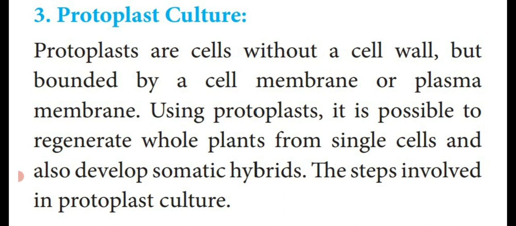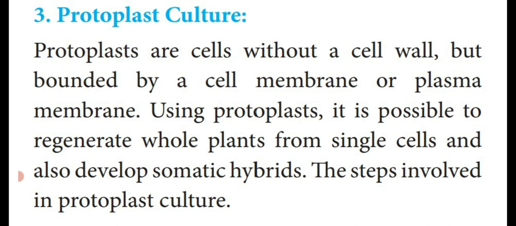Using the protoplast, we are able to produce a whole plant from a single cell and also develop the somatic hybrids of plants. Why is it said to be somatic hybrids? Somatic means body cell, isn't it?